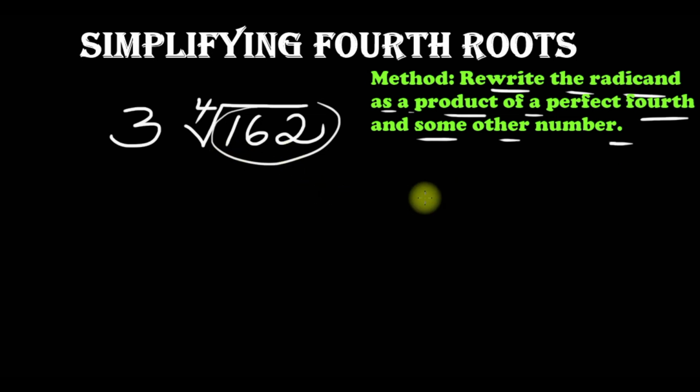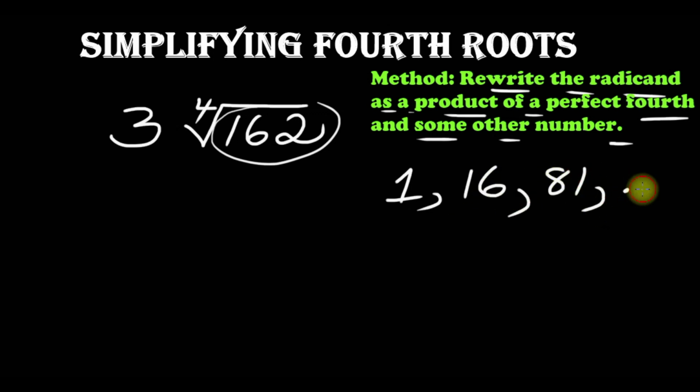Let's write down some numbers that are perfect fourths. We know the fourth root of 1 is 1. The fourth root of 16 is 2. The fourth root of 81 is 3, and so on. So tell me, how can we rewrite the 162 using these numbers, 16 and 81?